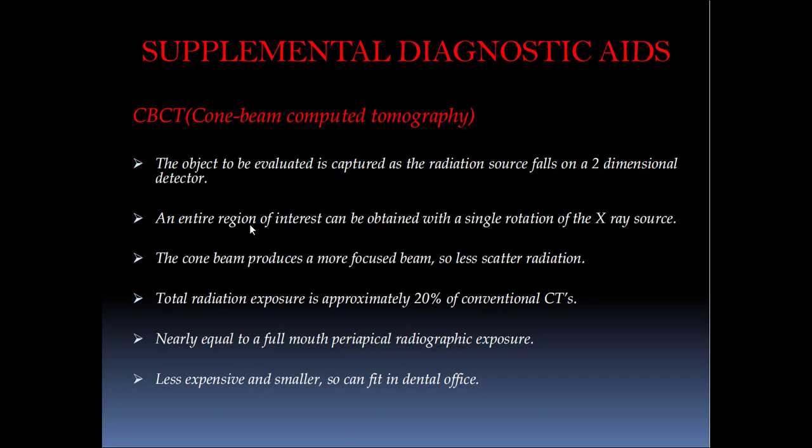The cone beam produces a more focused beam, so less scatter radiation. Here the beam is in a spiral form. Total radiation exposure is approximately 20% of the conventional CTs, nearly equal to a full mouth periapical radiographic exposure, and it is less expensive and smaller, so can fit in a dental office.